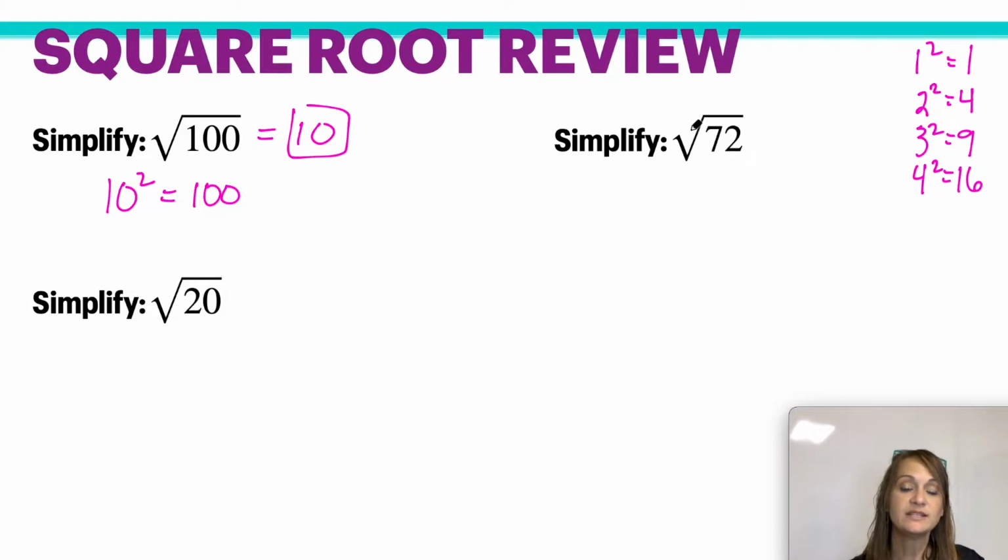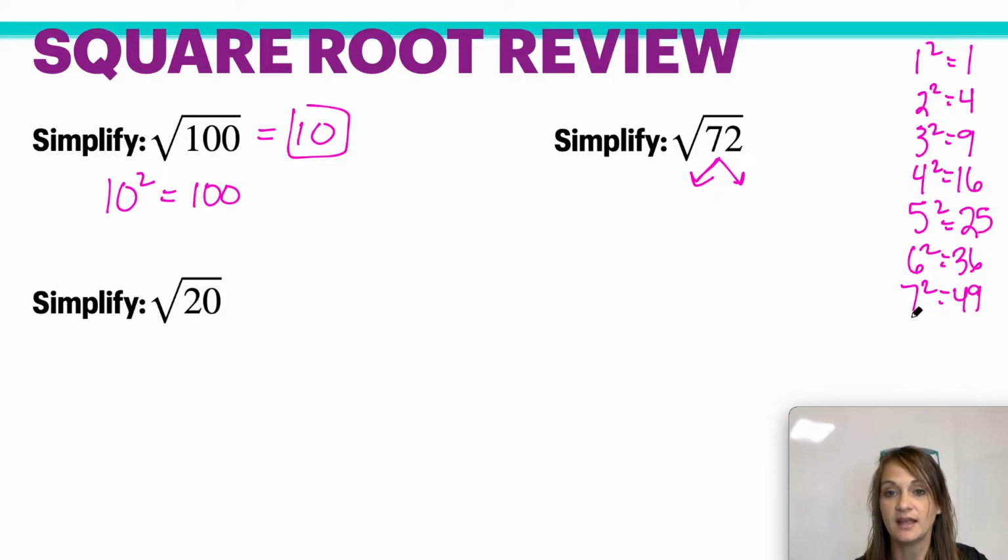Now, if you wanted to simplify a number that is not a perfect square, for example, 72, you could do it by asking what number goes into 72 that is a perfect square. So if we keep going, 5 squared is 25, 6 squared is 36, 7 squared is 49, 8 squared is 64, 9 squared is 81.